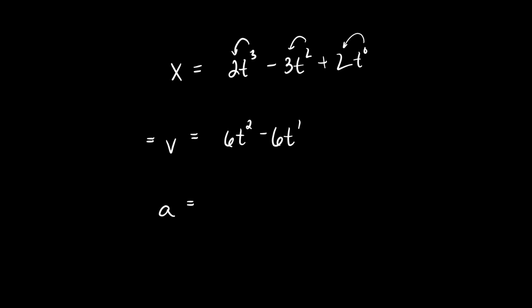Now remember, v is dx dt, so we are finding the derivative of position to get velocity. Acceleration is dv dt, so we are finding the derivative of the velocity to get acceleration. Bring the 2 down, I get 12t to the 2 minus 1, which is just t, minus, bring the 1 down, 6 times 1, 6, t to the 1 minus 1, t to the 0, and that's my final portion of my function.